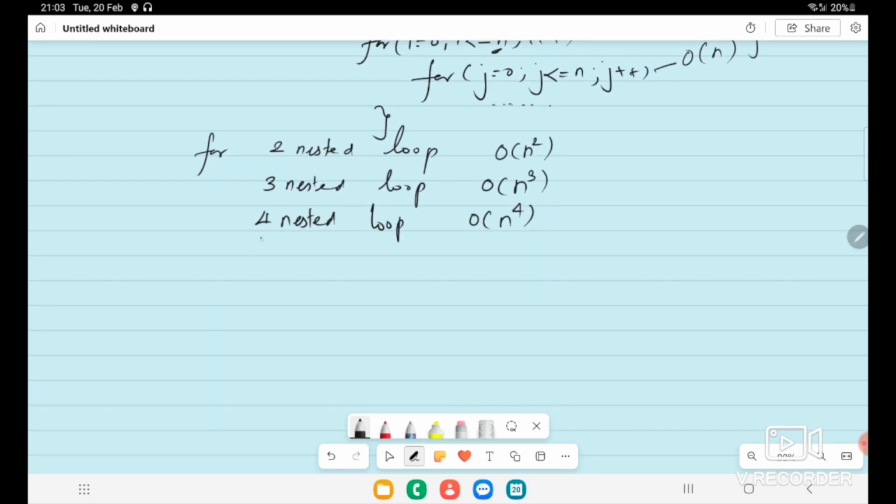In general, for m nested loops, the complexity is order of n power m. Right? Very easy.